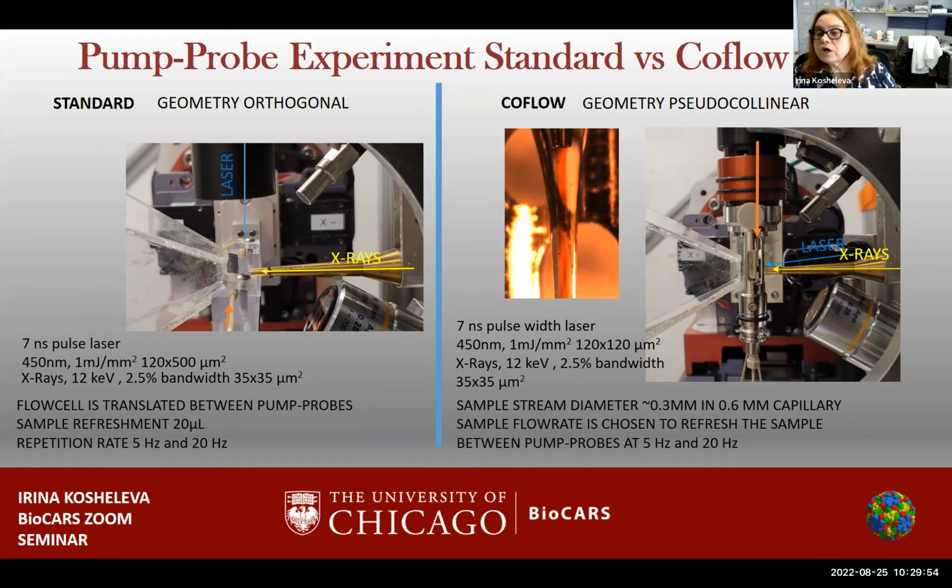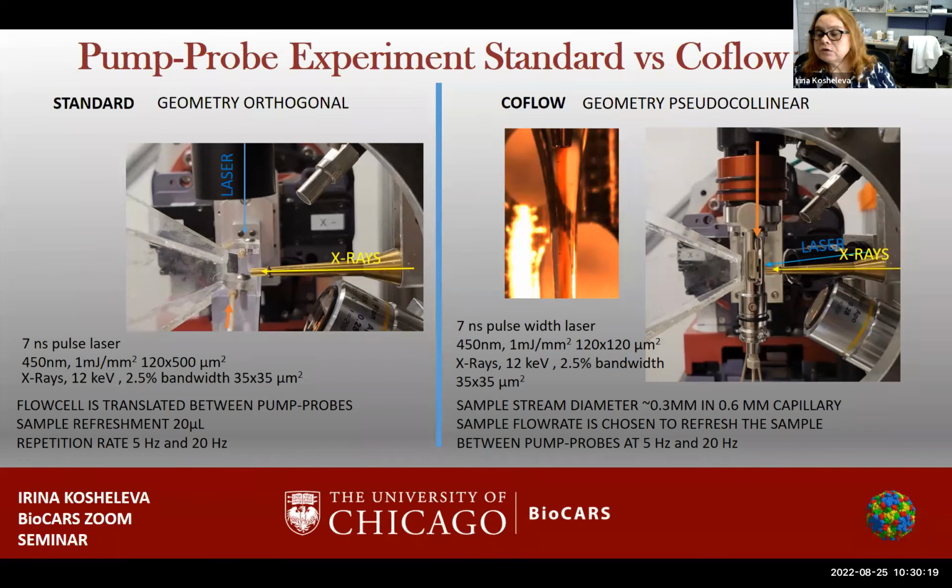So the sample stream diameter was 0.3 millimeters in a 0.6 millimeter capillary, and the sample flow rate was chosen to refresh the sample, and the buffer then just matches the sample velocity to produce the stream of desired diameter, and the repetition rate was basically the same, 5 Hertz and 20 Hertz.